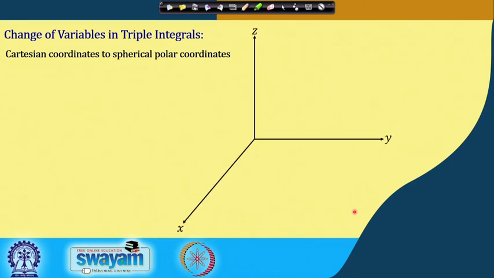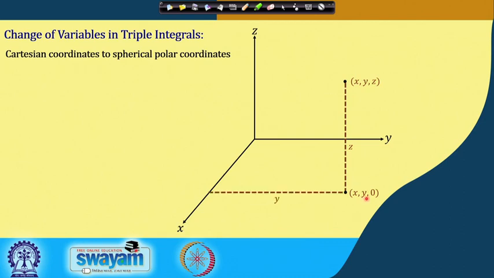So, first let us take the Cartesian coordinates, and suppose there is a point (x, y, z). When we talk about the Cartesian coordinates, if we draw a perpendicular to the x y plane, then this distance is the z coordinate, from the point (x, y, 0) to the point (x, y, z).